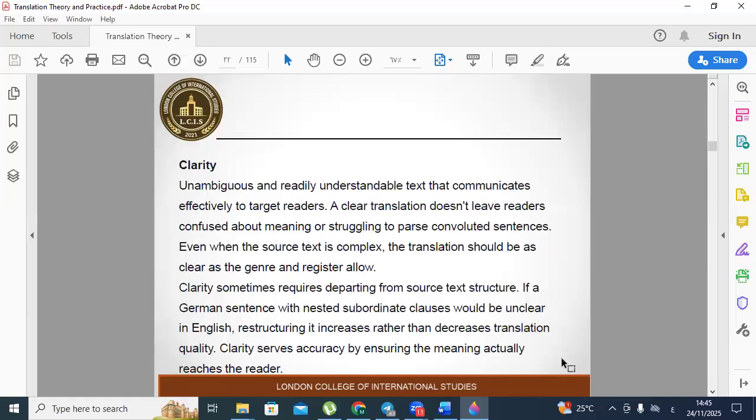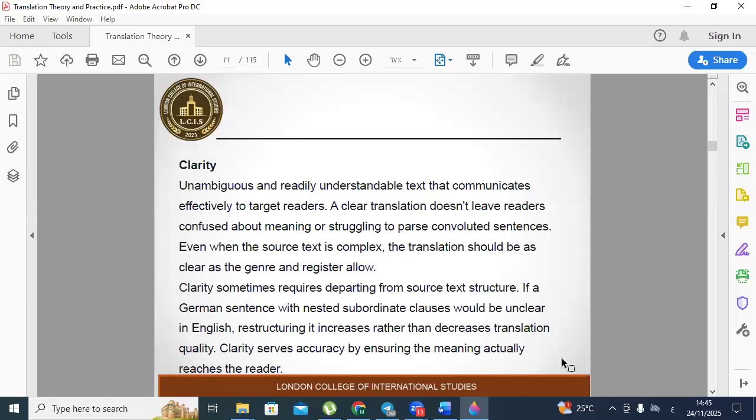Clarity: unambiguous and readily understandable text that communicates effectively to target readers. A clear translation doesn't leave readers confused about meaning or struggling to parse convoluted sentences, even when the source text is complex. The translation should be as clear as the genre and the register allow.